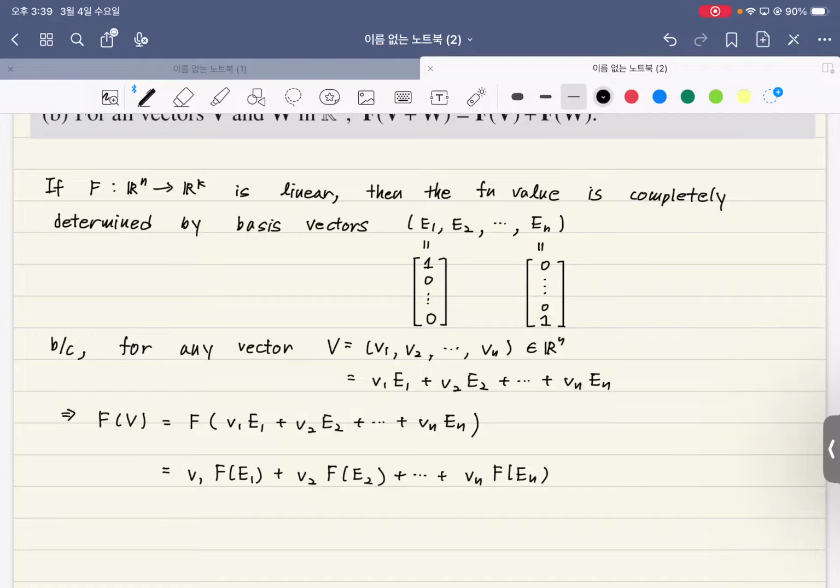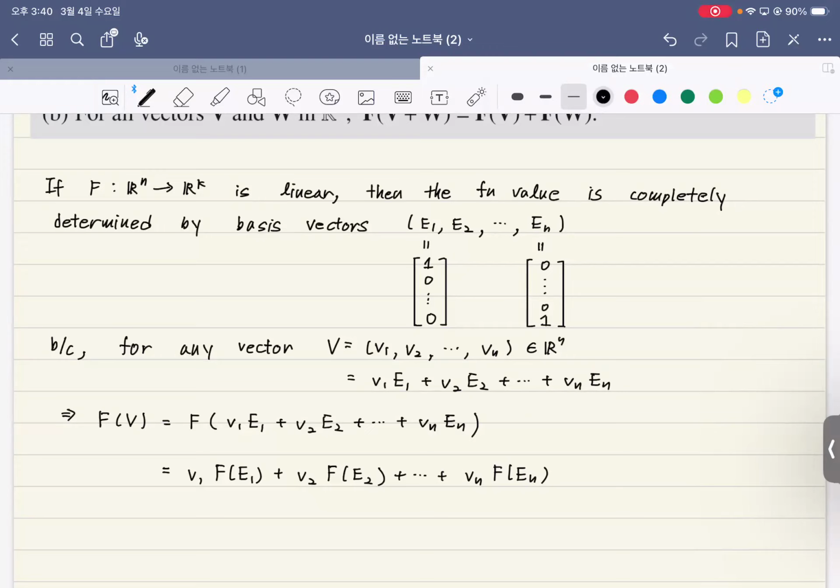If you are able to compute each of these vectors, then the function value of f at the vector v reduces to addition and multiplication. Everything turns out to be elementary school algebra. This is why the linear function is so important.